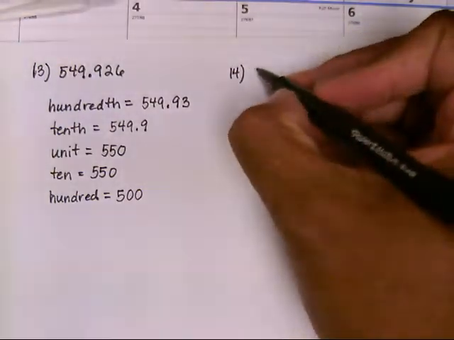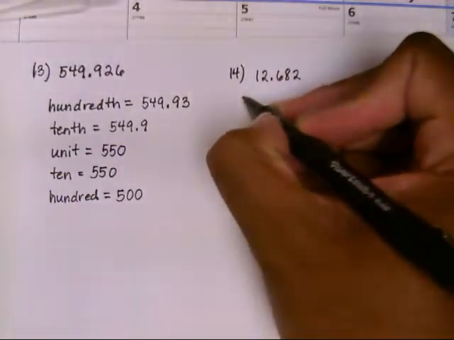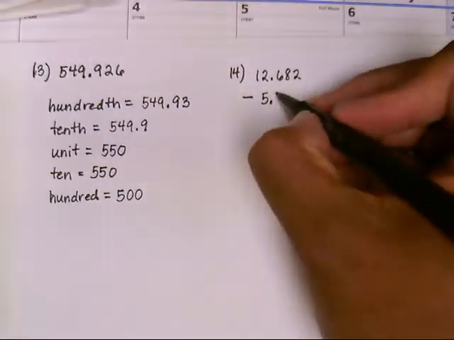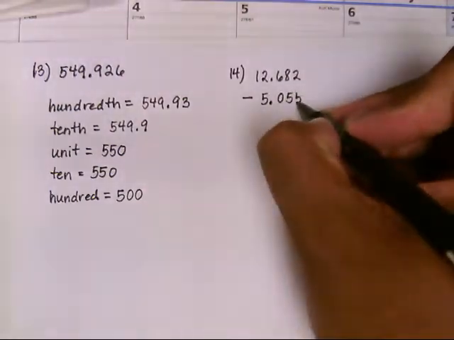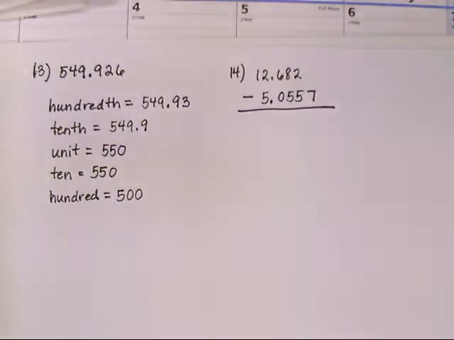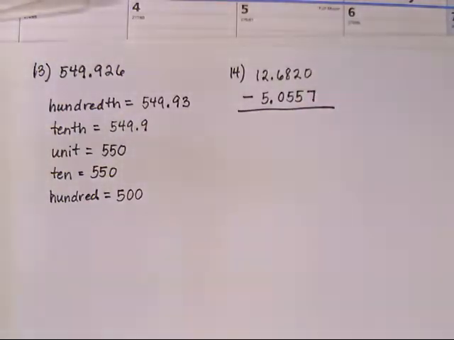So, the lemon is 12.682 pounds. We're going to subtract from it the weight of the apple, which is 5.0557. And to have the same number of decimal places for both of these numbers, I'll put a 0 behind the 12.682. And then subtract.